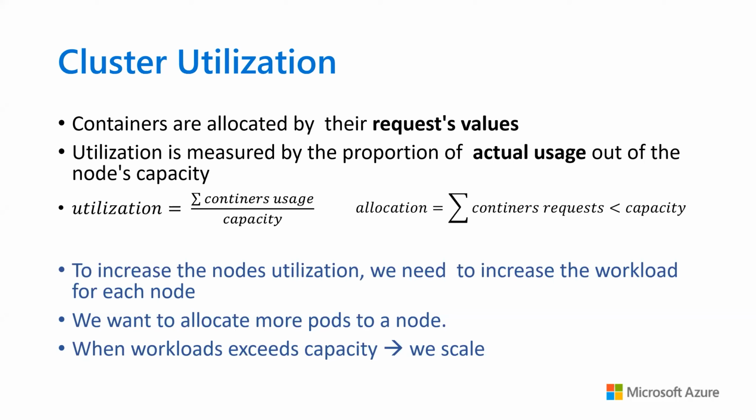Our goal was to increase the utilization, so we necessarily need to increase the usages. But the usages are not something that we control, right? It's the amount of resources that are used by the service. So the only way that we can control it is by adding more pods to the node. And then you might ask, what's going to happen when the workload exceeds capacity? We must keep in mind that we're still in Kubernetes, and if we exceed capacity, we scale.